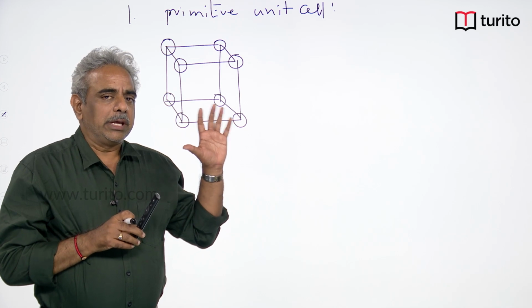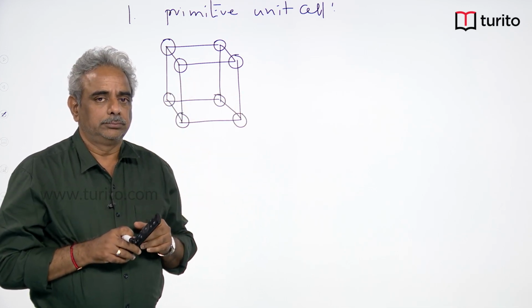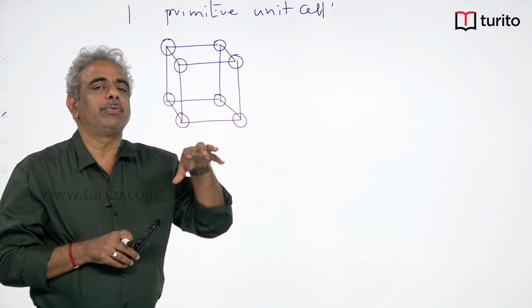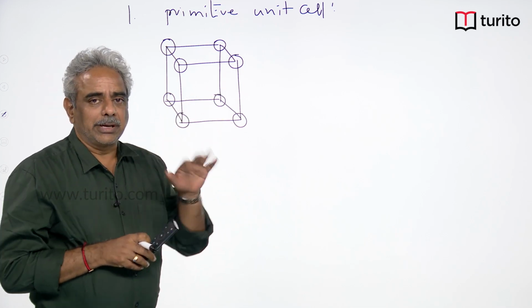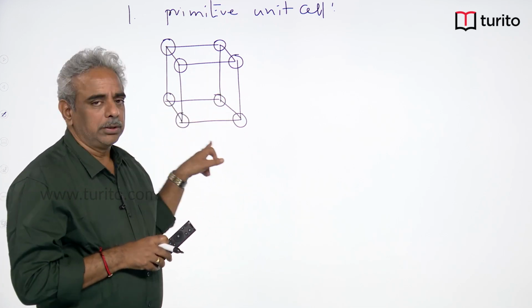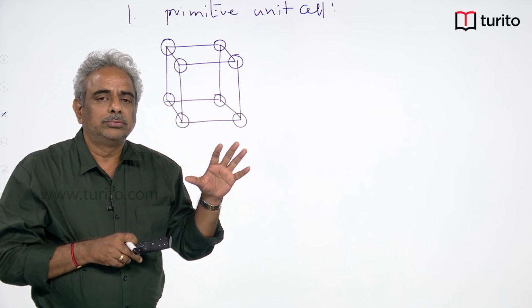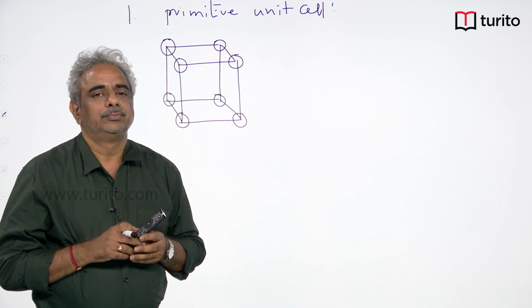Let me tell you one thing very clearly. This is a blown up model. Meaning, for us to understand the relative positions of atoms, we draw like this. In the crystal you will not have these lines. Those lines are drawn only to tell you the relative positions of the spheres.